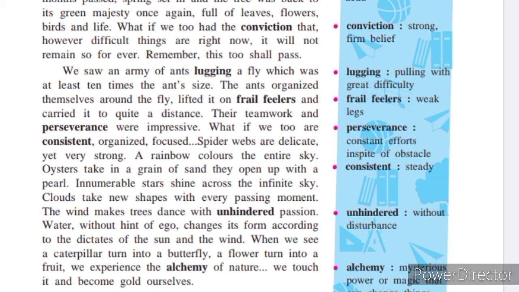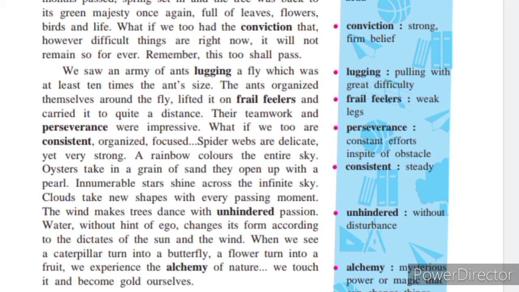The teamwork of ants. फ्लाई जो होते हैं ना, आपको पता है हाउस फ्लाइज, उसका साइज ants के साइज से 10 गुना ज्यादा है, फिर भी with teamwork ants can lift it up and take it. How is this possible? Because of their teamwork, their consistency, their perseverance. This is the way.